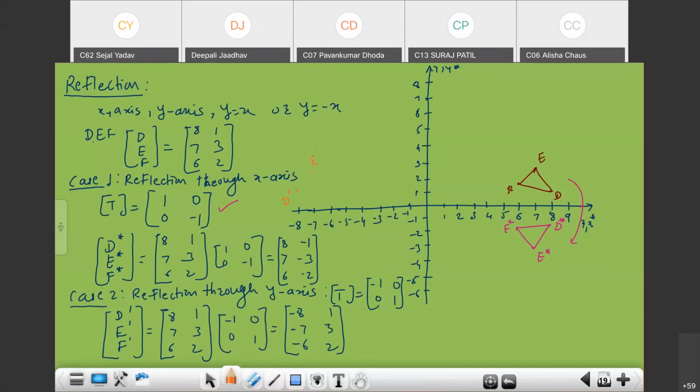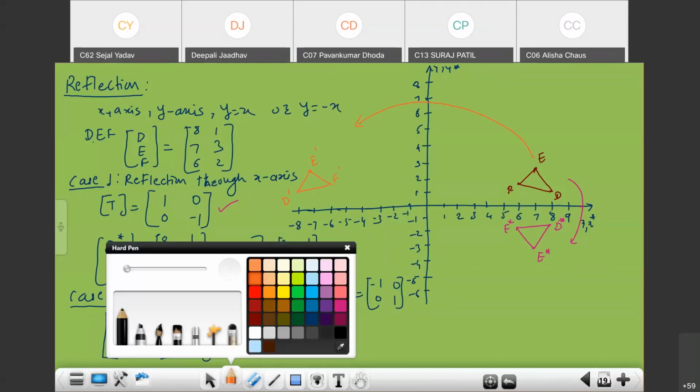And minus 6, 2 is F dash. I join this like this. What happens here? What does this transformation matrix perform? It performs reflection through the y-axis.